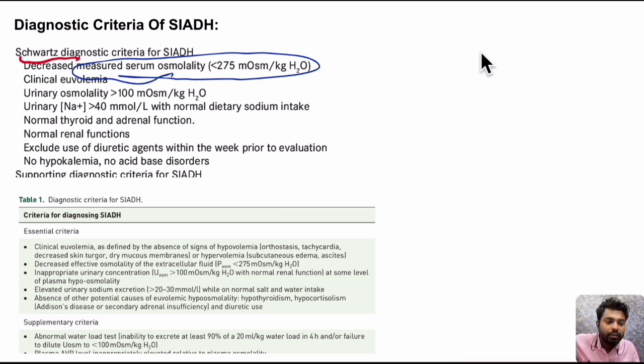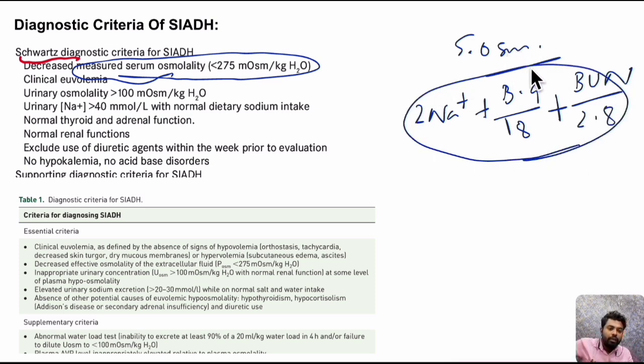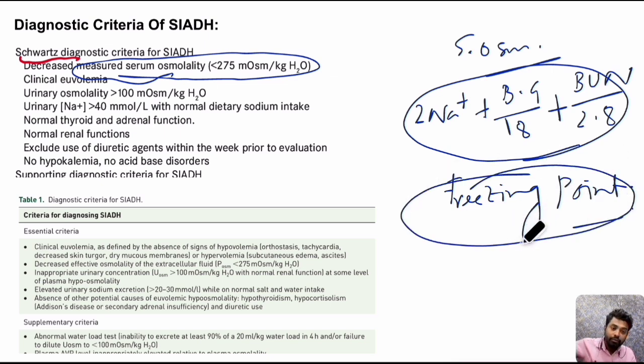Why are they not calling it calculated? Because for serum osmolarity, there is a formula: 2 into sodium plus blood glucose by 18 plus blood urea nitrogen by 2.8. Okay, there is a formula like that, but it doesn't work all the time. You have to check serum osmolarity by the freezing point technique. Within 10 to 20 minutes, you have to take it into some endocrine lab and test it properly. So that's when it will give a proper result.